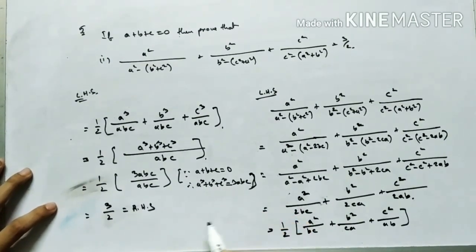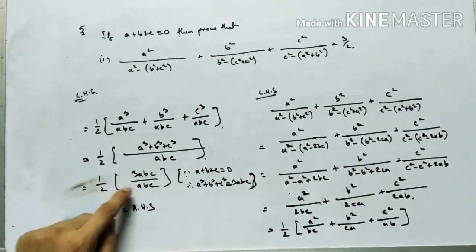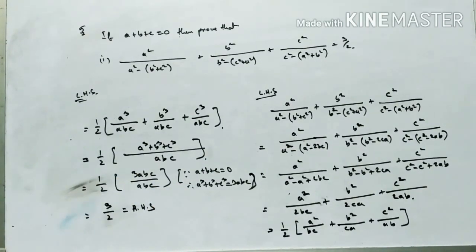This one we know. So this one, 1 by 2, I will get thrice abc by abc. This is equal to 3 by 2, which is equal to RHS. Okay, so this is your RHS. Understand?